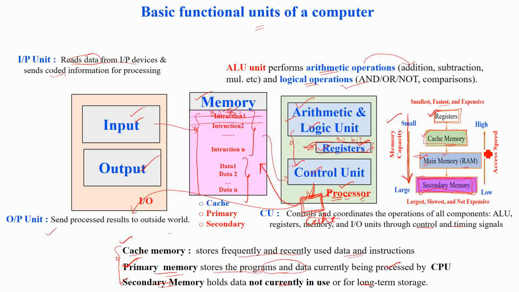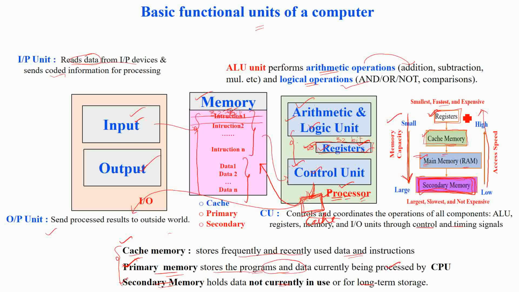Secondary memory can be removed from the computer frequently, just like our pen drives and hard disks. And in this memory hierarchy, one more important concept: when we move from bottom to top, the access speed and cost of the memory unit grow higher. The access speed of secondary or auxiliary memory is very slow compared to the other units at the top levels of the hierarchy.